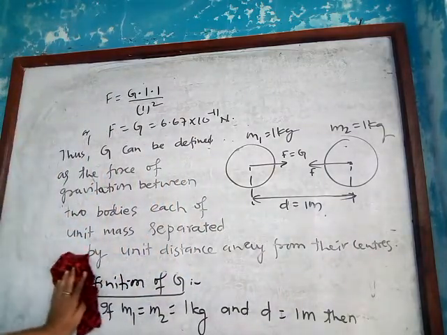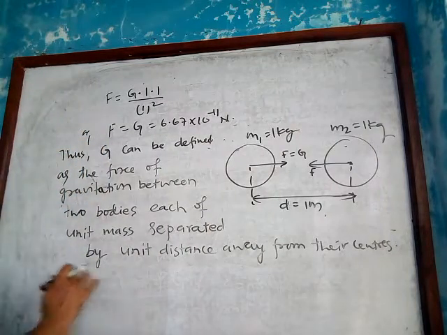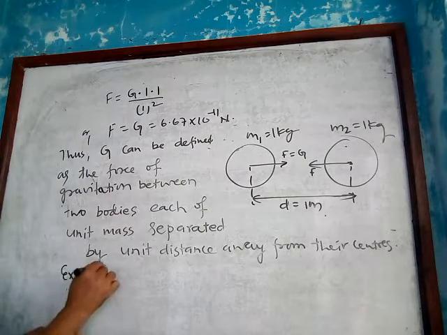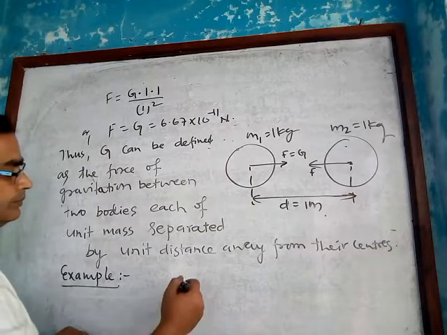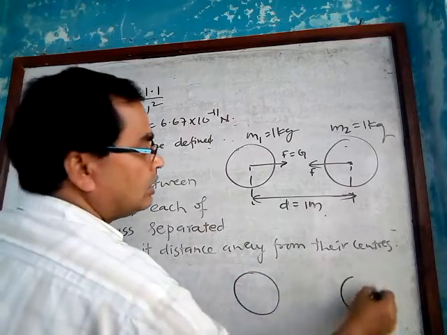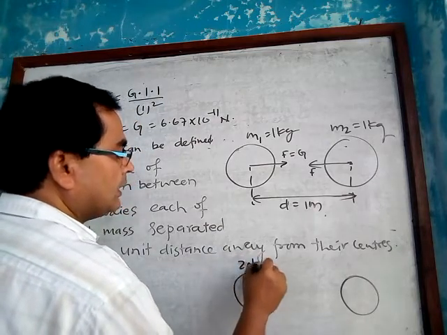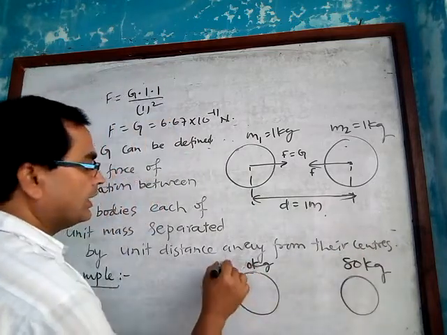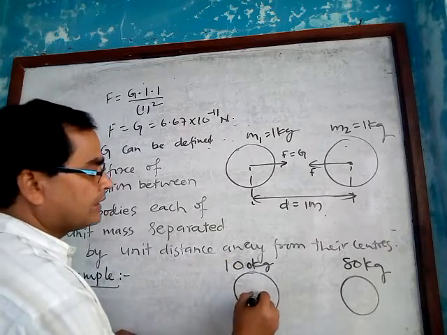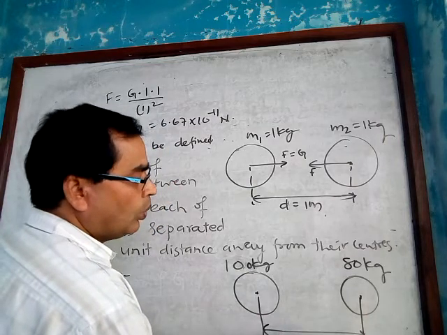Let us take an example of the calculation of force of gravitation between two bodies. Suppose these are the two bodies, this is of 20 kg and this is of 80 kg. So it is 100 kg suppose, and they are placed very close to each other. Okay, suppose the distance is 1 meter.